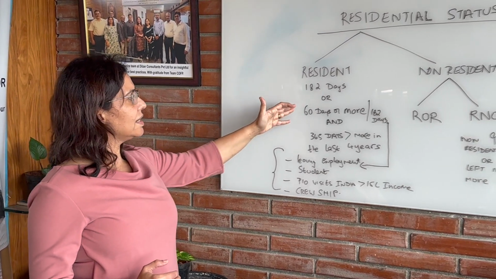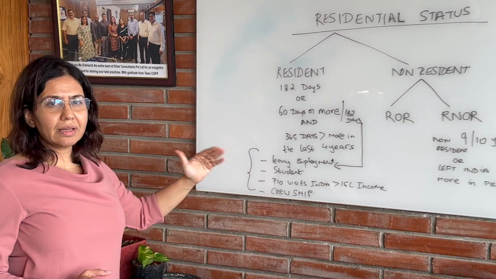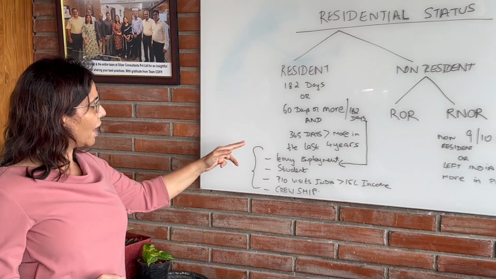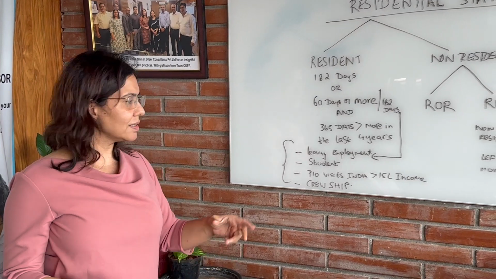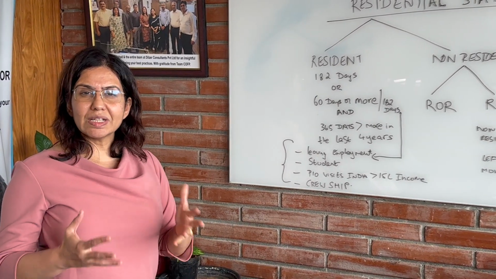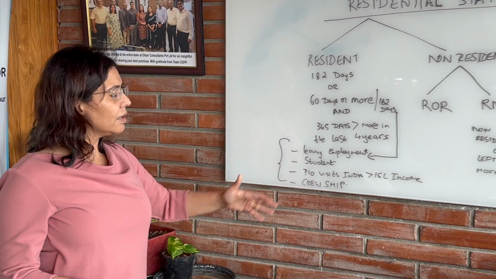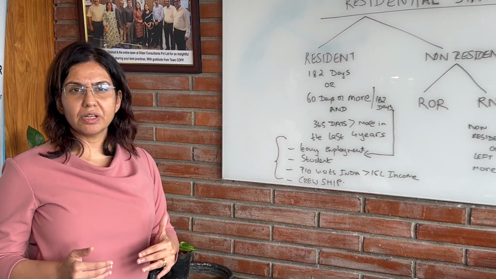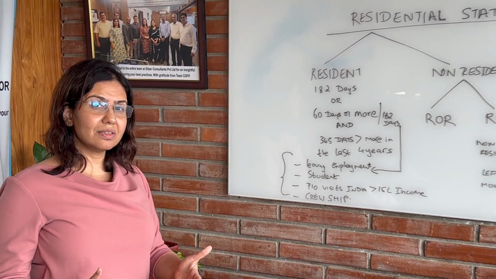Now this 60 days is replaced with 182 days in the following conditions. One, if a person is leaving India for employment overseas. Two, a student who is leaving India to pursue higher studies overseas. Three, a PIO, or person of Indian origin, who visits India and whose income is greater than 15 lakhs.